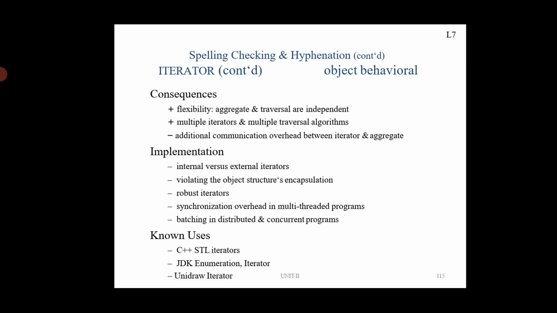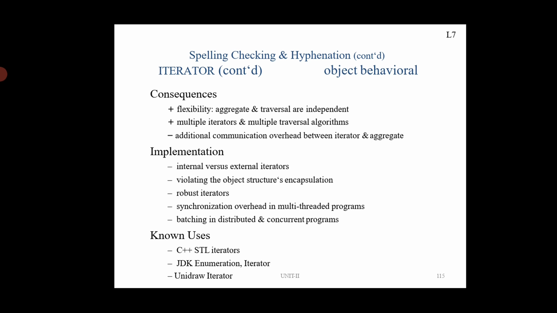The first one we need to study is that it supports variations in the traversal of an aggregate. In the sense, it supports violating object structure encapsulation and internal versus external iterators, how it will be taken there. In the sense, I need to explain the consequences.